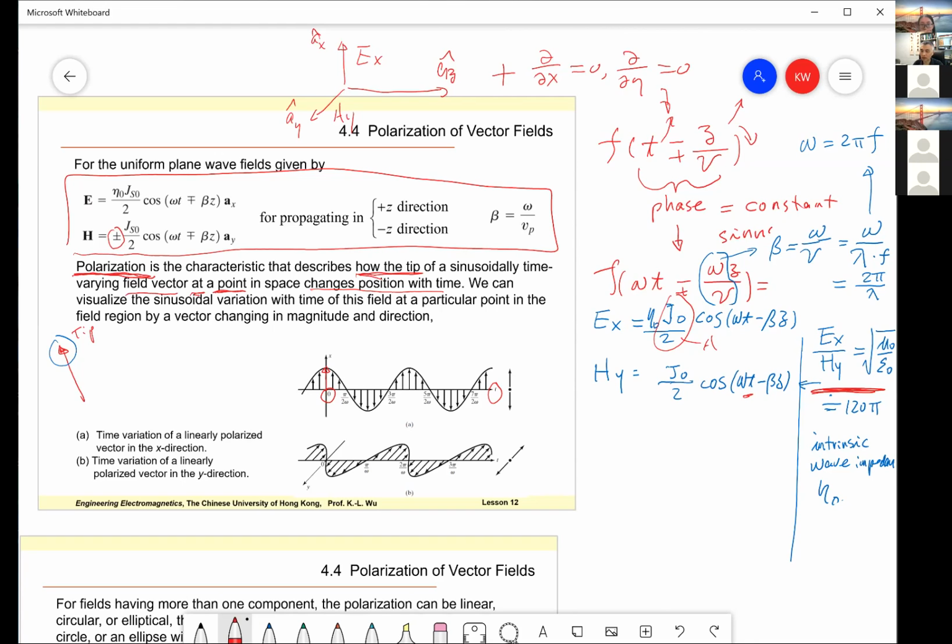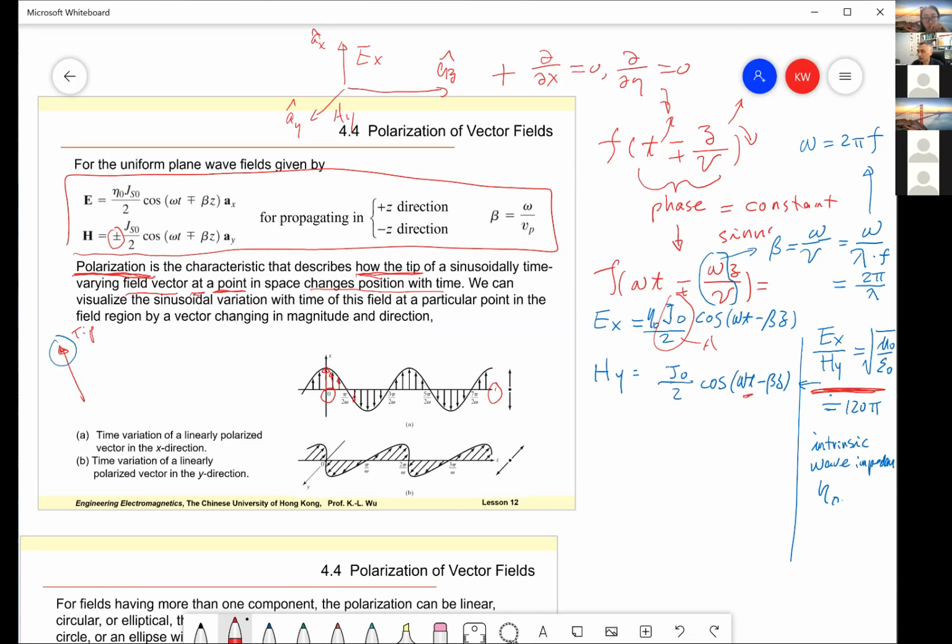So this is quite convenient. I use a vector, I can express both direction and magnitude. At another time instant, the magnitude is reduced, but the direction, upward, is still the same. Then at a certain point it equals 0, and after that point the vector goes down.